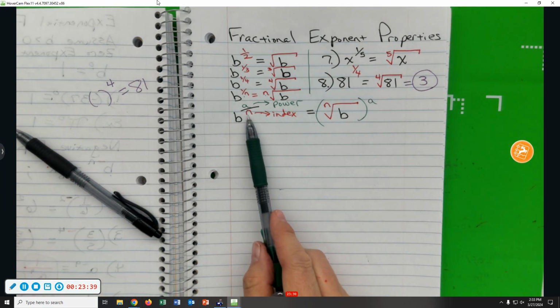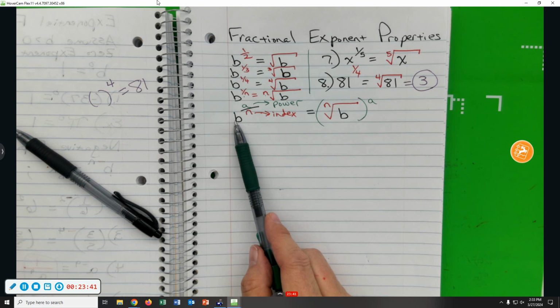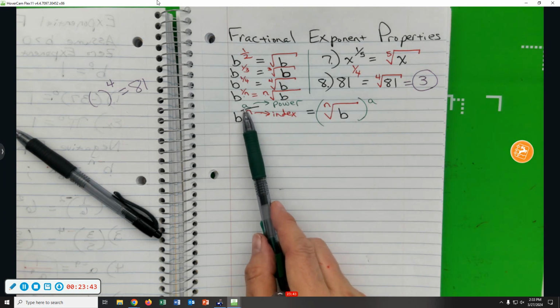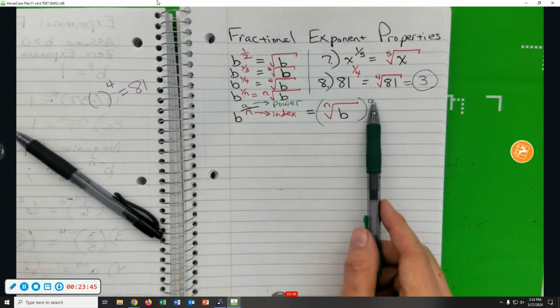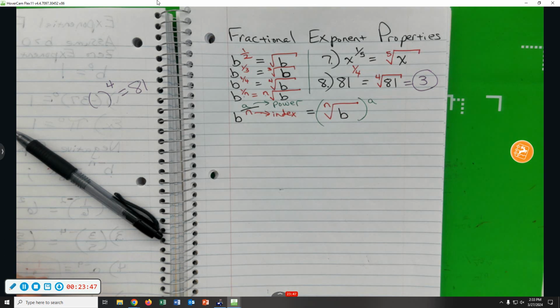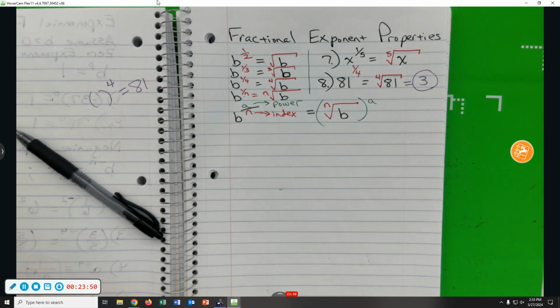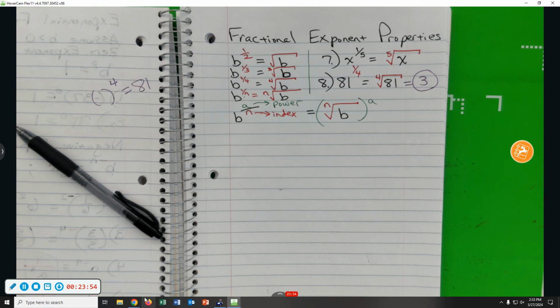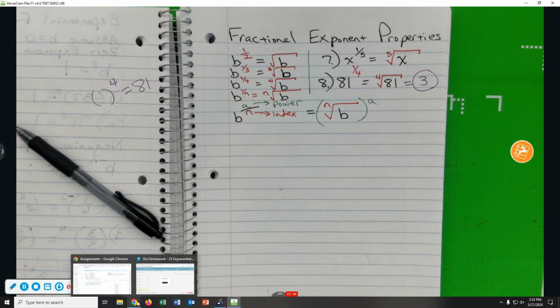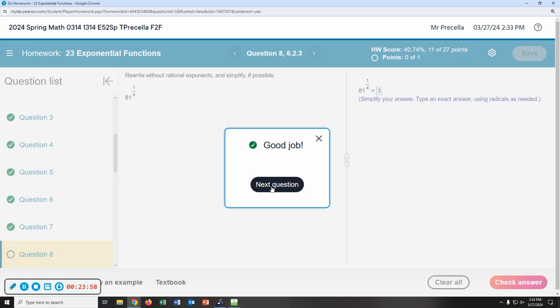That denominator says take the nth root of that number. The numerator is the power you raise the stuff to. And it's not that bad. Probably would have been better if I'd just done number 9 and told you how to do it.